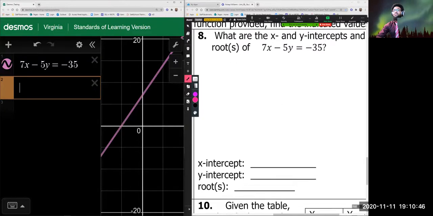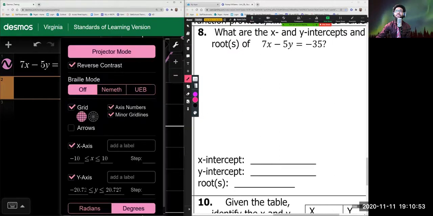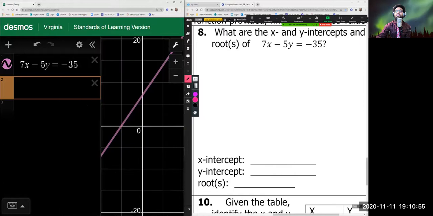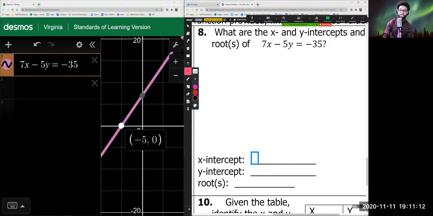And your x-intercept, once again, is going to be where our graph touches our x-axis. So this is our x-axis right here at 0. You can click on it and it will tell you the point. This point here is -5, 0. That's exactly what we're going to put into our section for our x-intercept. So let's go here and just type it in. -5, 0. There we go.